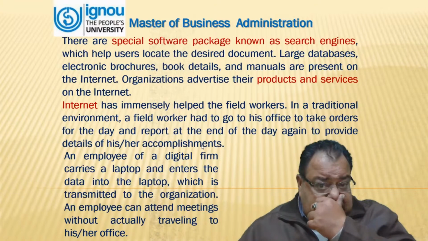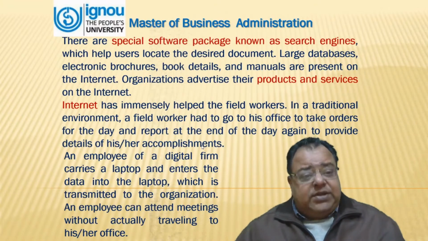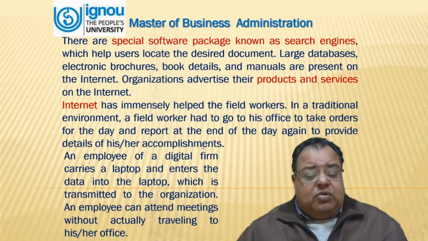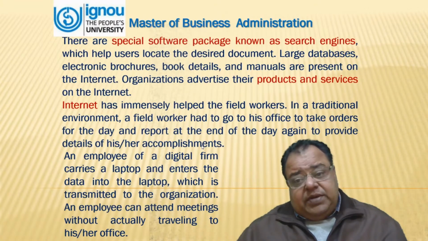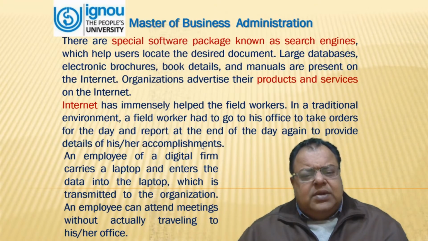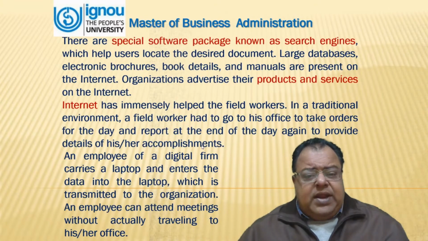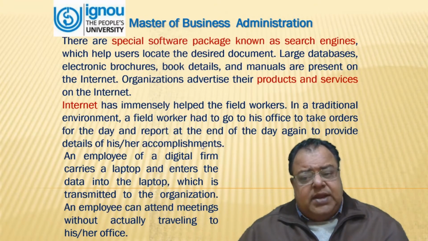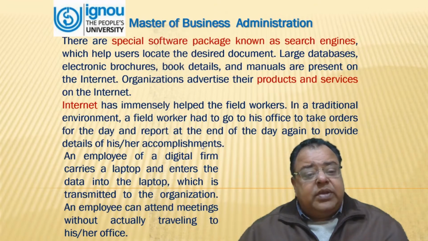There are special software packages known as search engines which help users locate the desired document. Large databases, electronic brochures, book details, and manuals are present on the internet. Organizations advertise their products and services on the internet.